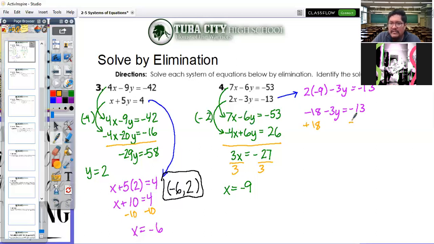And again, right now I'm just using my normal algebra steps: isolate your variable, take care of any groups, move all your variables to one side, do the adding and subtracting, and then the multiplication and division.